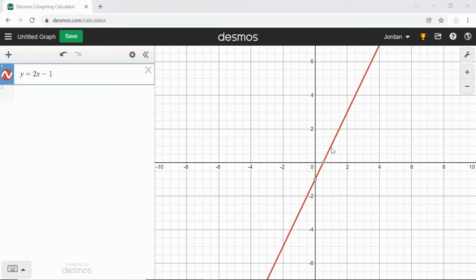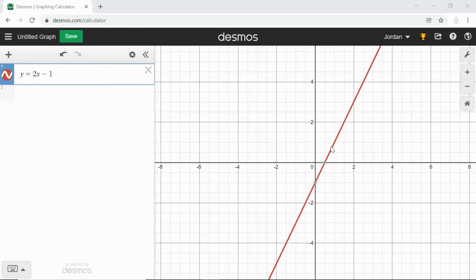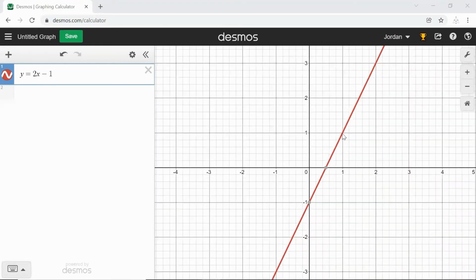If I plug in 1, I get the point (1, 1). If I plug in 2, I get the point (2, 3). So since 1 is a smaller output than 3, we are increasing. In other words, graphically, as you move left to right, you're always moving up.